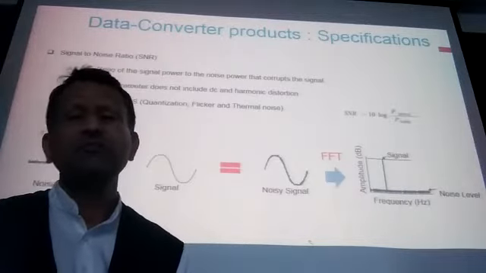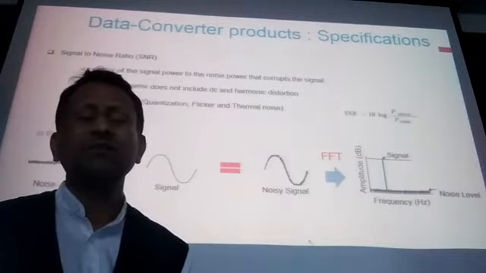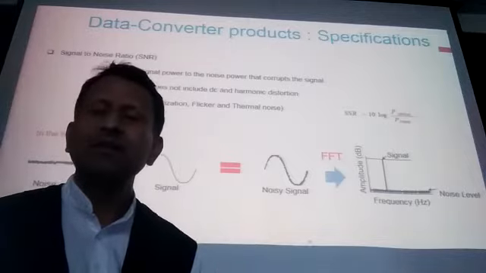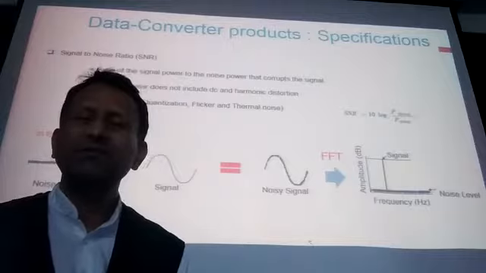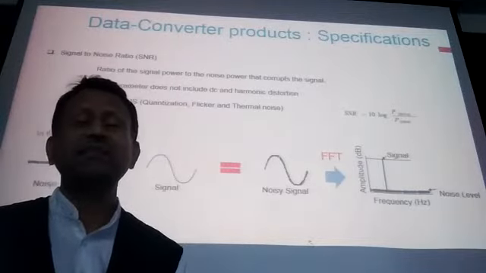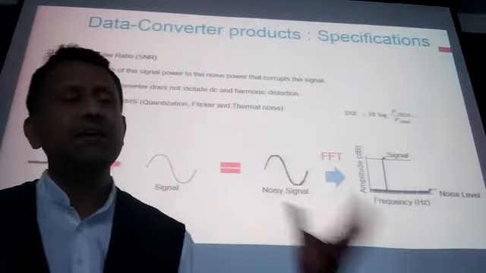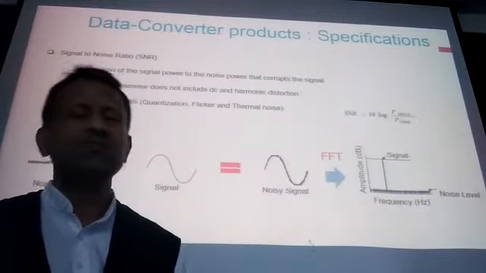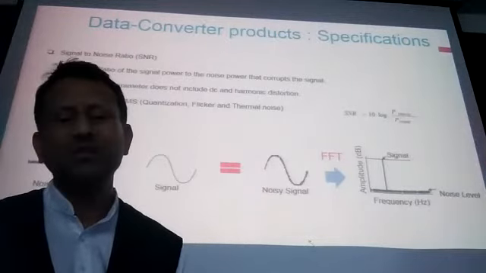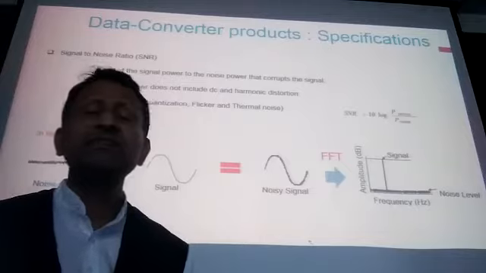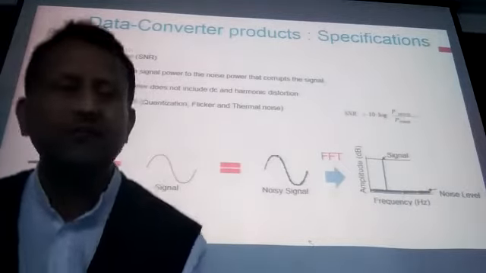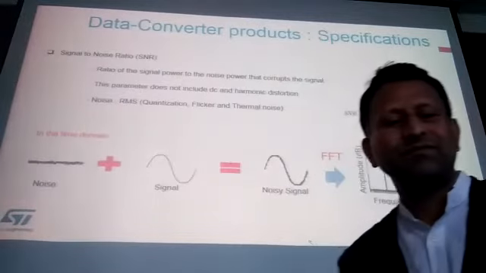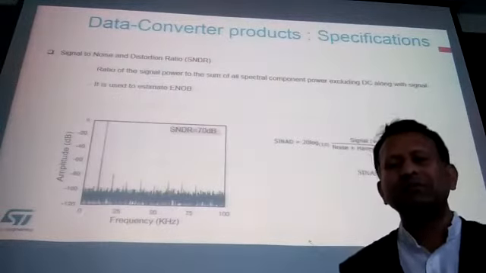So if we know this repetitive or deterministic noise, we can remove it, we can get rid of it. So some applications can deal with these harmonic distortions because they are deterministic, but you have to tell us the random noise. So this SNR will come into the picture.